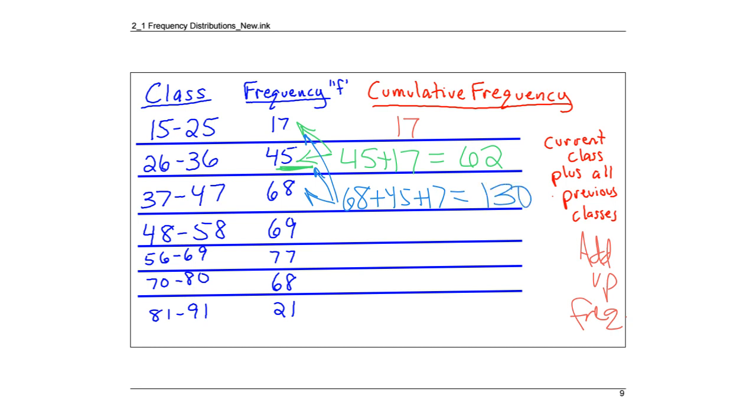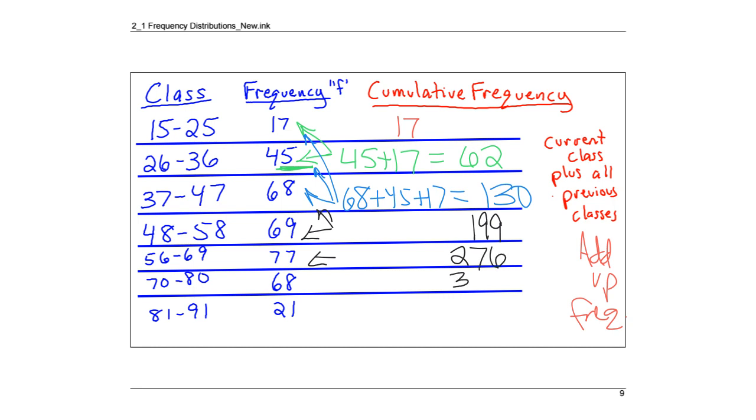So I'm gonna go ahead and finish these out, but not showing everything. So for this one, I would need the 69 plus everything before. That would get me to 199. Same idea here. I would have 77 plus everything before. That would give me 276, and I'm gonna keep going.